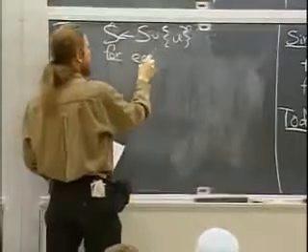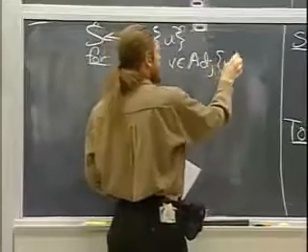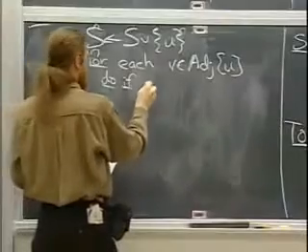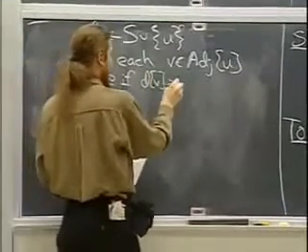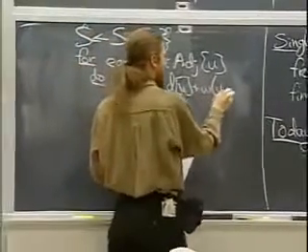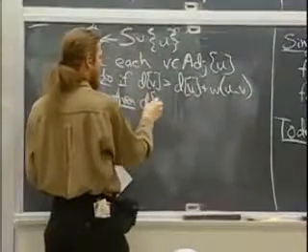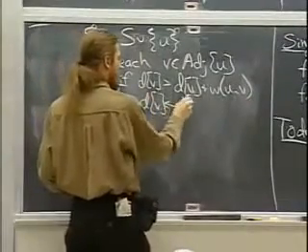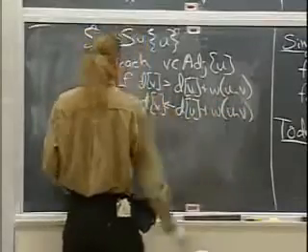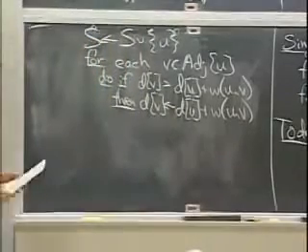So we're going to look at each adjacent vertex, for each V in the adjacency list for U. We look at a few distances. So that's the algorithm, more or less.